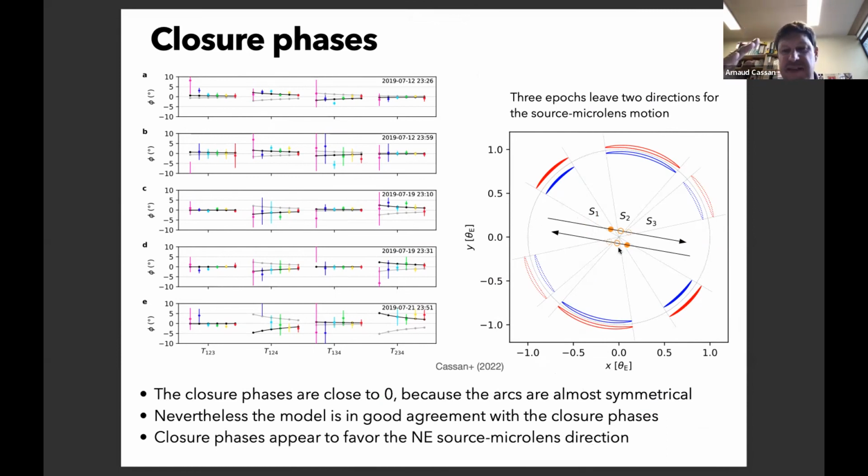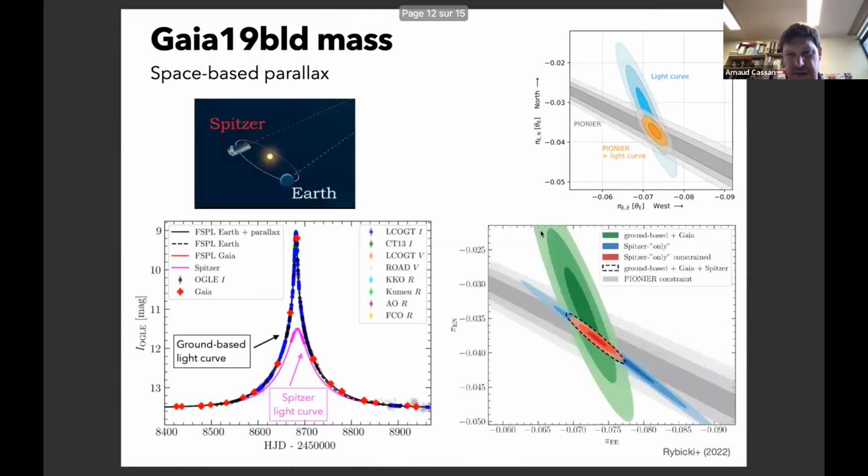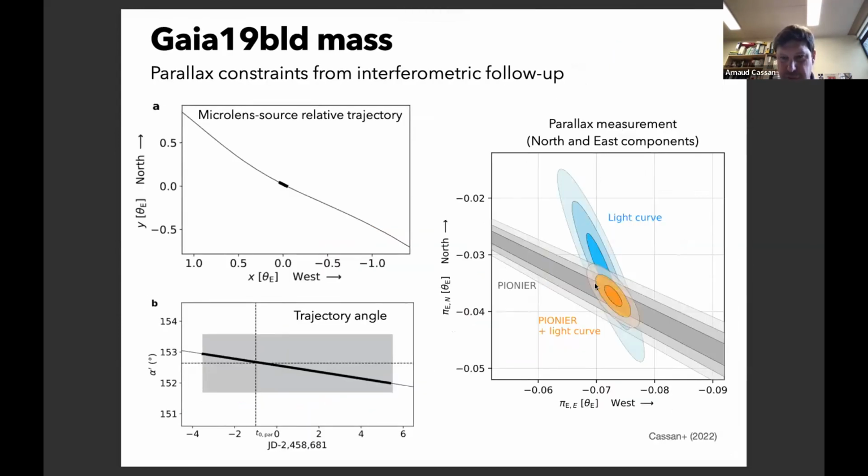And if you get the parallax, it's obvious that it cannot be so. If I show you here, on this plot, if you had a trajectory which would go northeast or west-south instead of northeast, the point would be completely here. It would be many sigma out of the constraint from the light curve.